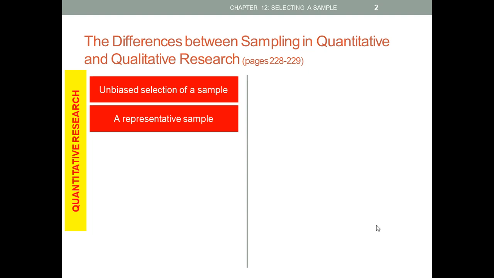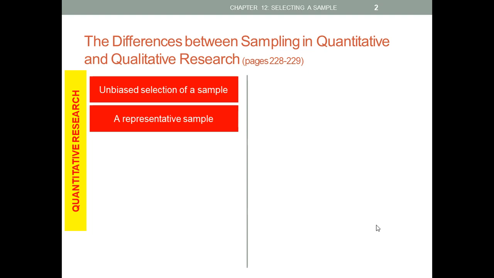How can they be so confident in making such inferences or generalizing the results from a small subgroup to the bigger group? Because they work very hard in order to select a sample that is representative of the bigger group.